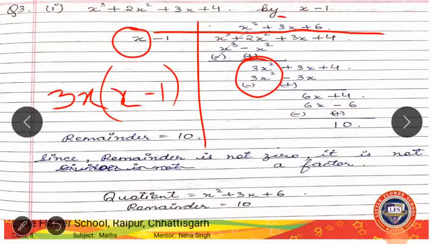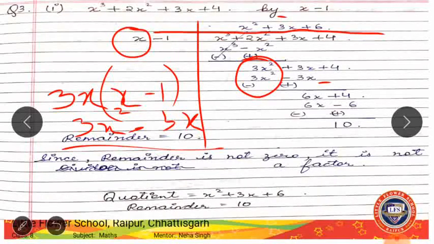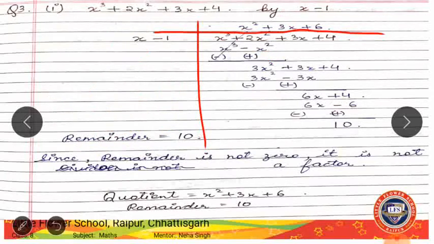So 3x into x will be 3x square minus 3x. So we will write this 3x square minus 3x here, right? Plus will be changed to minus, minus will be changed to plus. Sign change, and then these 3x square and 3x square will get cancelled.